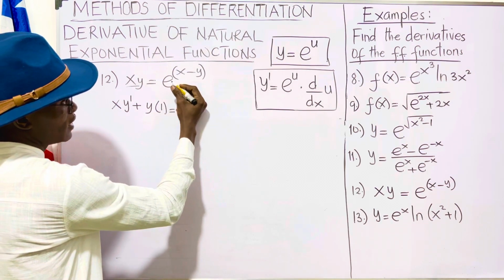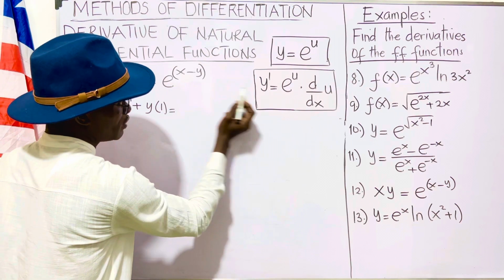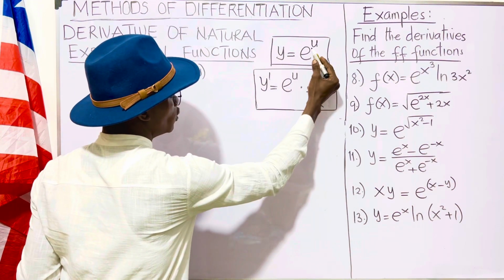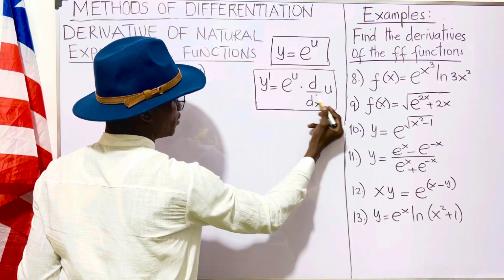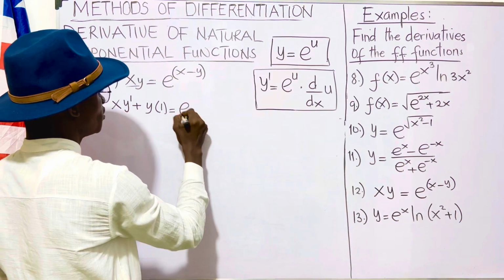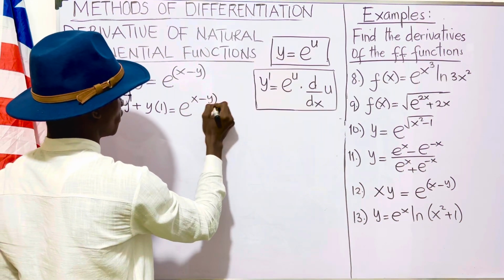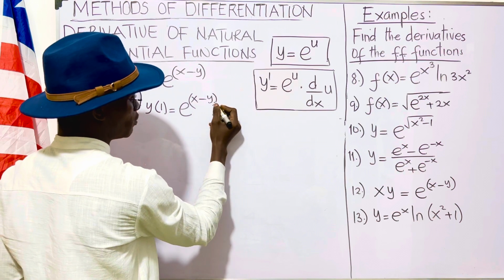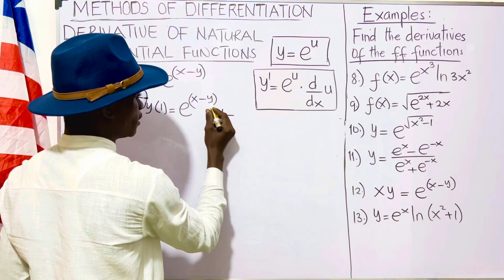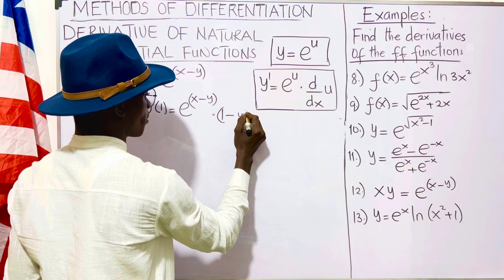Now we differentiate this exponential function. The derivative of e raised to the power u is just e raised to the power u times the derivative of u. So we rewrite e raised to the power x minus y times the derivative of x minus y. The derivative of x is 1. The derivative of y is y prime.